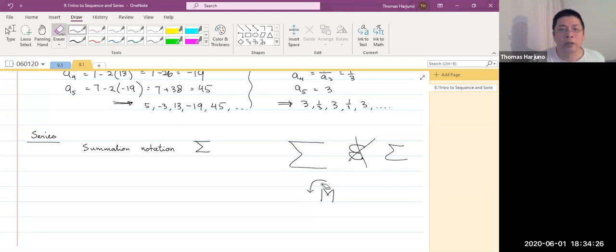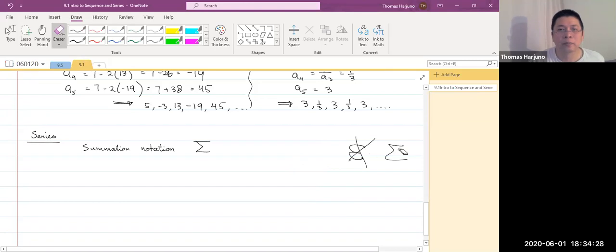Now then, indexing. The variable n will be the indexing, and the number at the bottom is the number you start with. The number on the top is the number you end with.